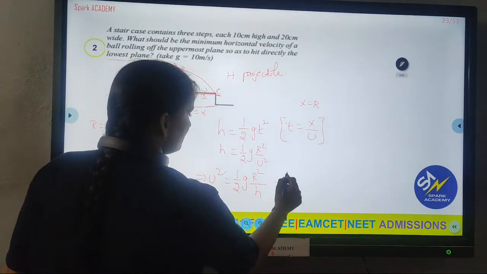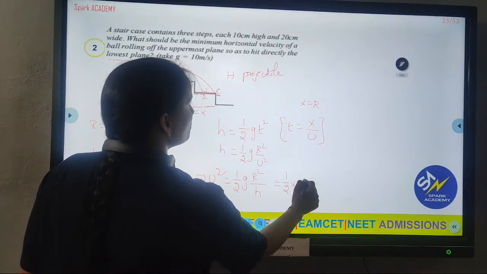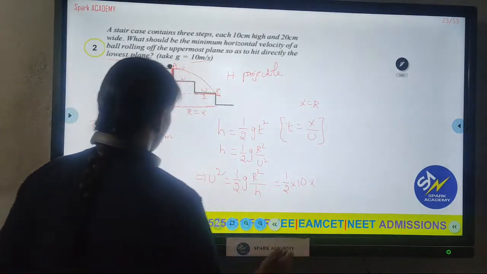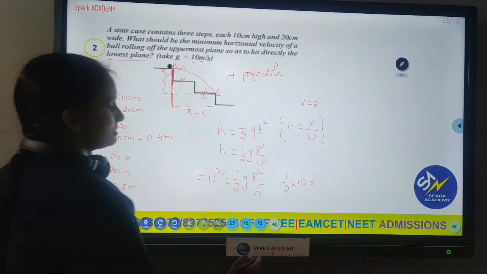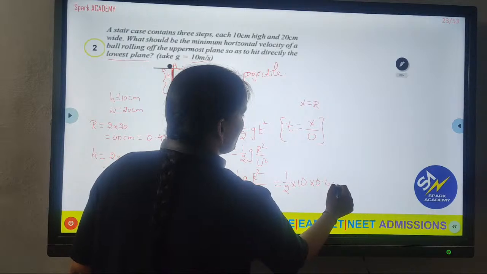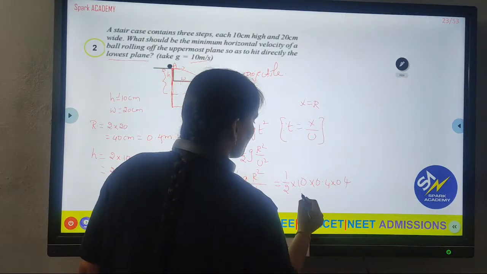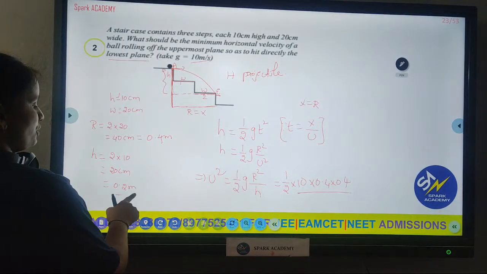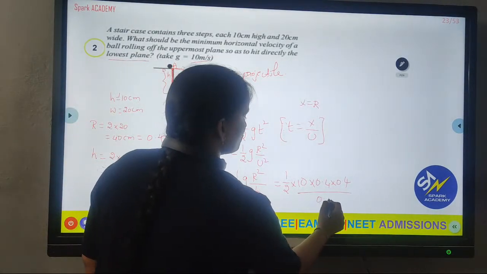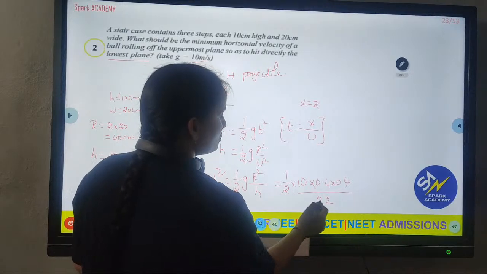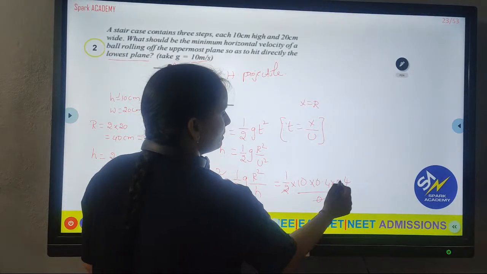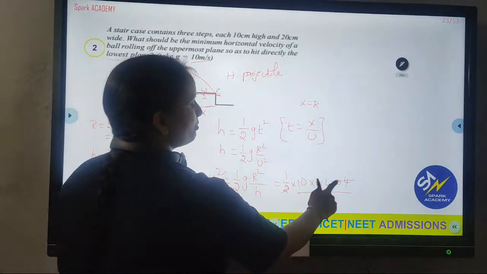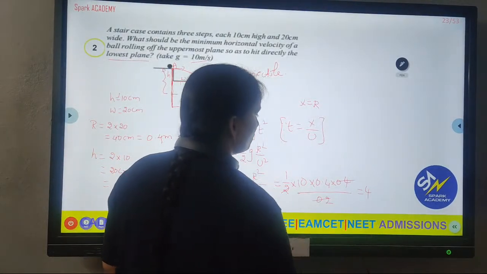Then I can write it as half into g value, take it as 10 meter per second square, into r square, which is 0.4 into 0.4, by h value, which is 0.2. So 2 into 0.2 cancels with 0.4. So 10 into 0.4 will be equal to 4.